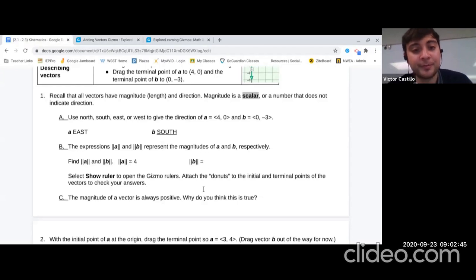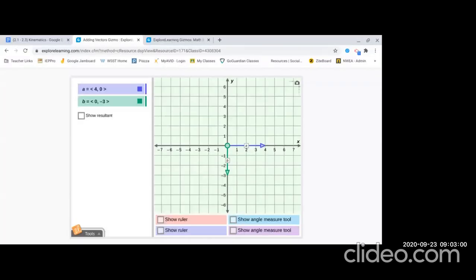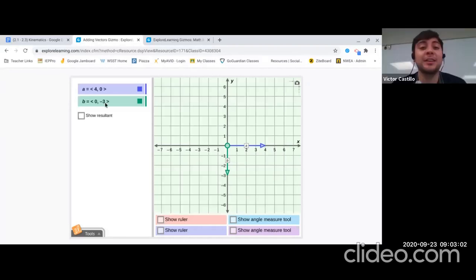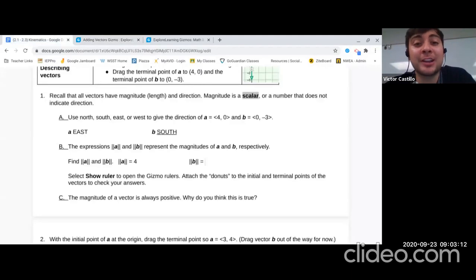And then for B, you have to do the exact same thing. You have to add them together. So absolute value means that you get rid of the sign. So 0 plus -3 is -3. But since it has the lines between them, you get rid of the negative. So it's actually 3. So the magnitude is actually 3. Okay, remember absolute values get rid of the negative sign.